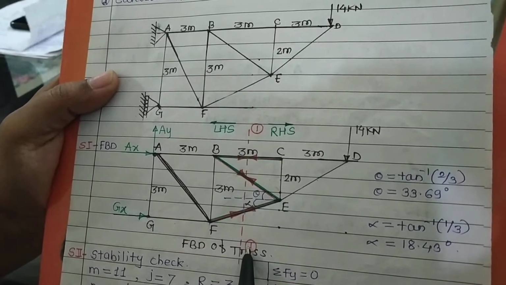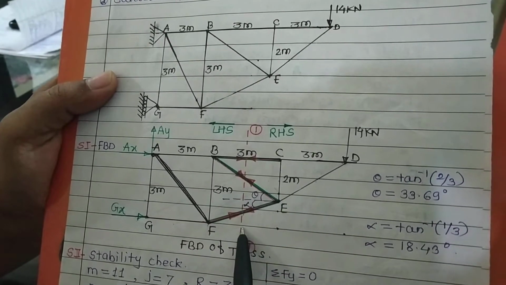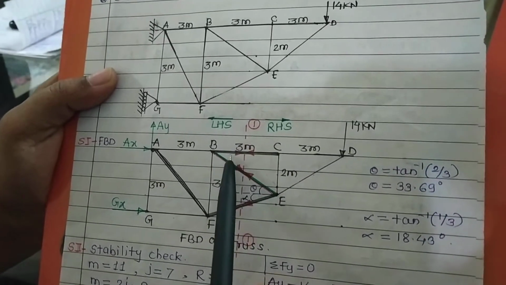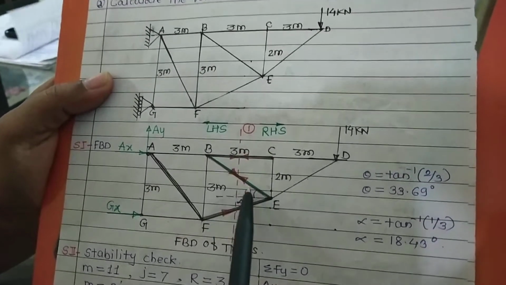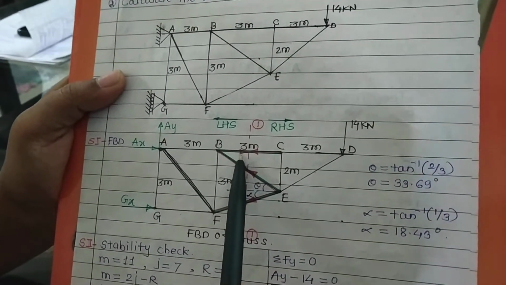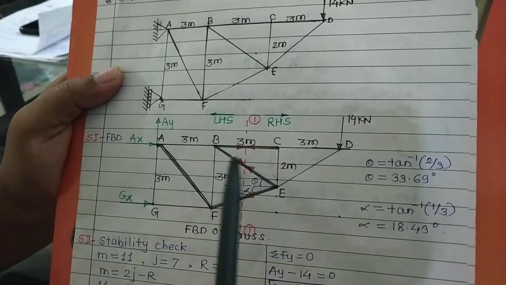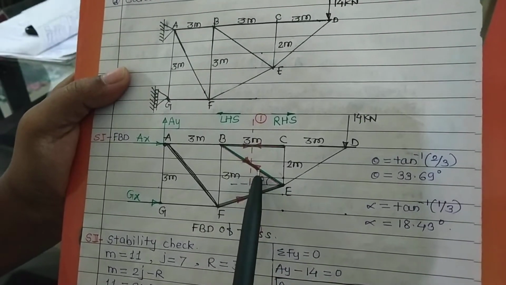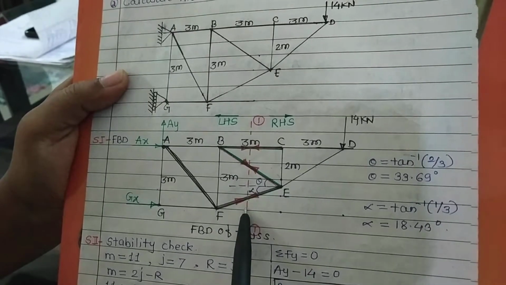Section line 1 I have passed through these three members like this, and I have mentioned the axial force in each member. I have initially assumed the tensile nature of each member and represented them along the section line.